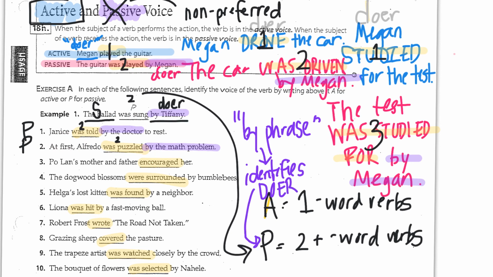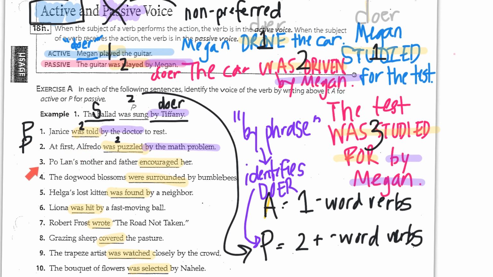And so Tiffany is the one who is doing the singing in our example sentence. The doctor is the one doing the telling in our number 1 sentence. And the math problem, even though not human, is the thing or the doer of puzzling Alfredo.